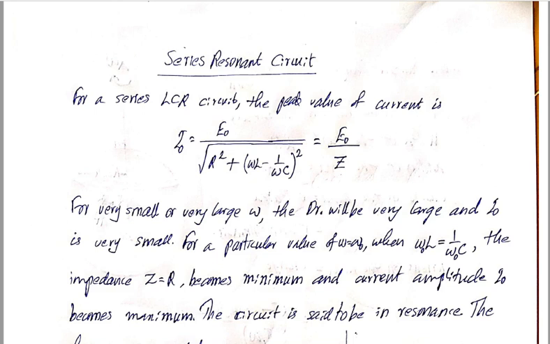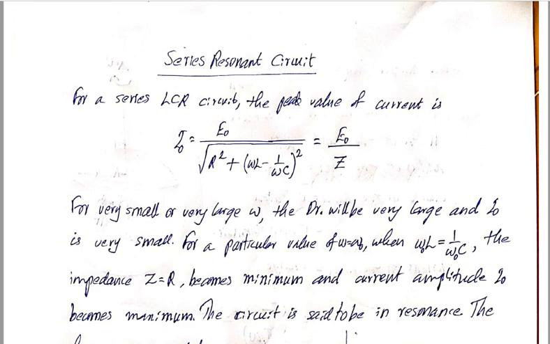Therefore the peak value of current will be 0 when omega is equal to 0. And if omega is equal to infinity, then omega L becomes infinite, and again the peak value of current will be 0. So the peak value of current I0 will be very small for small and large values of the angular frequency of AC.